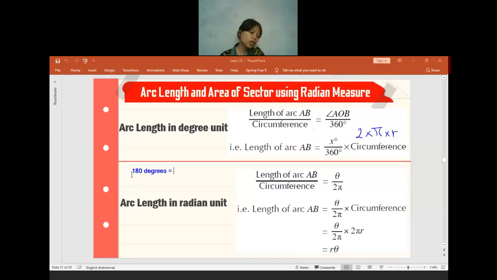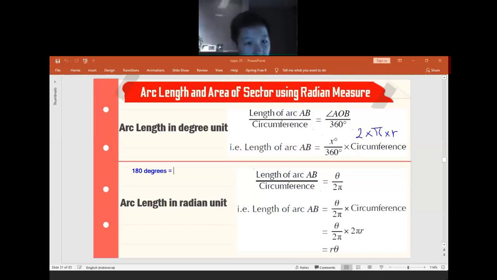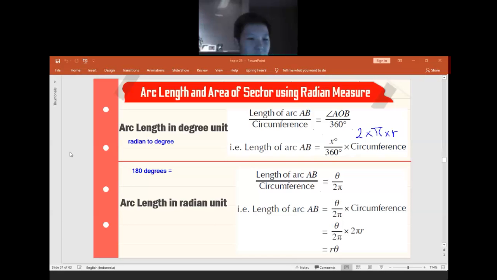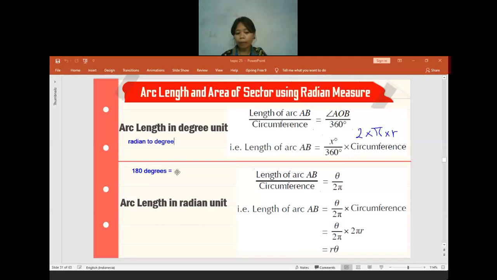Or if you are confused, can anyone help me? How do we change from radian into degree? Can you repeat again, Hugo? 180 divided by pi. 180 divided by pi, right?